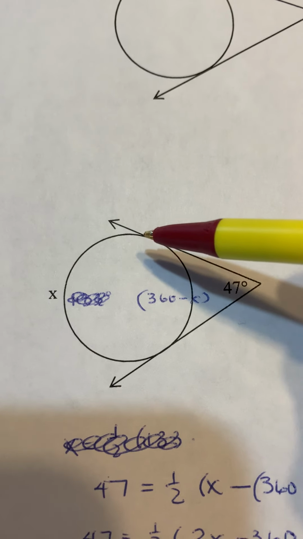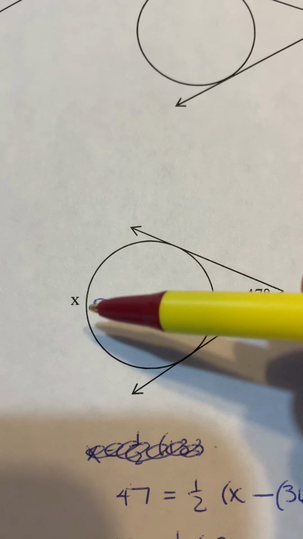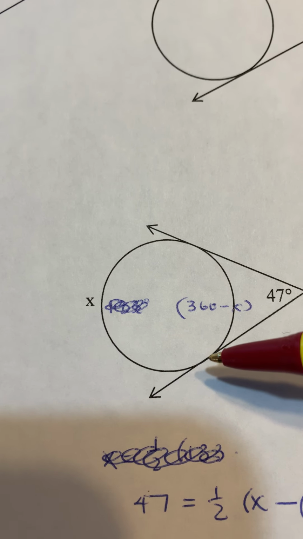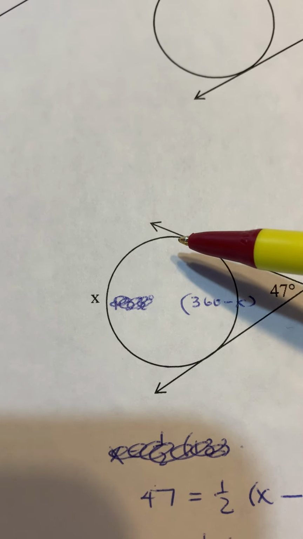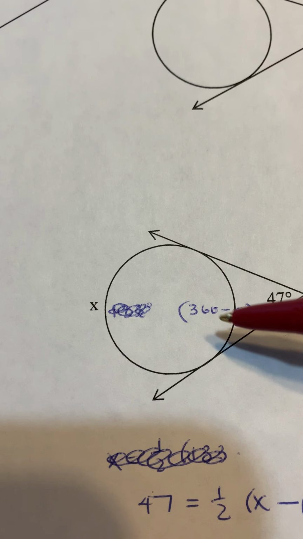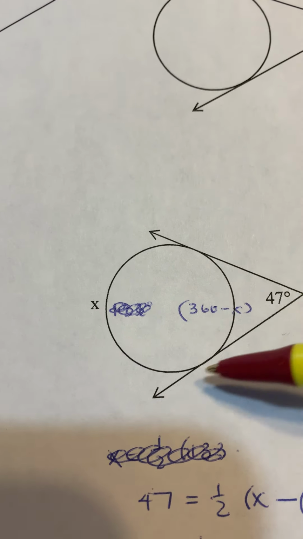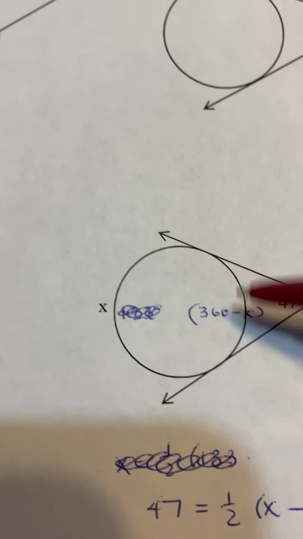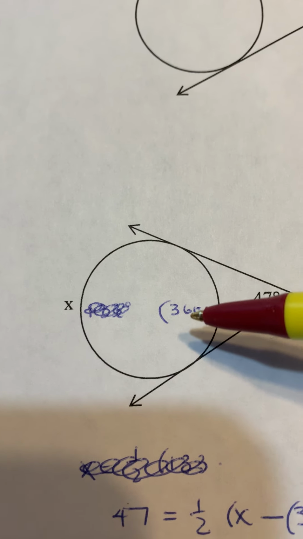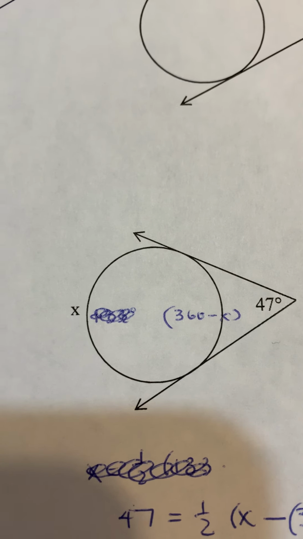This one takes up the whole circle. So you have a great big arc here, and then this arc in here. So it's the whole thing. So if this one is x, to find this one, it's just 360 minus x, because we all know the whole circle is 360. So if I do 360 minus this, I state it literally as 360 minus x.